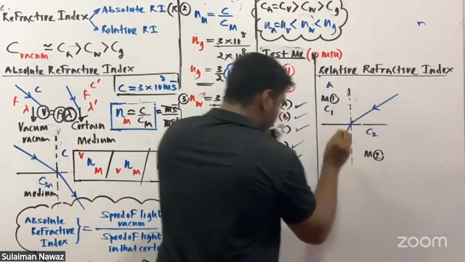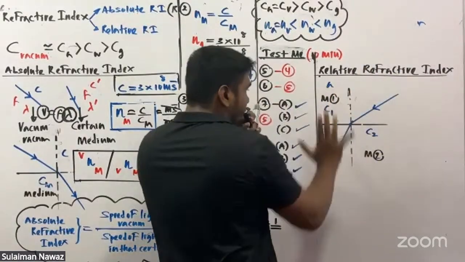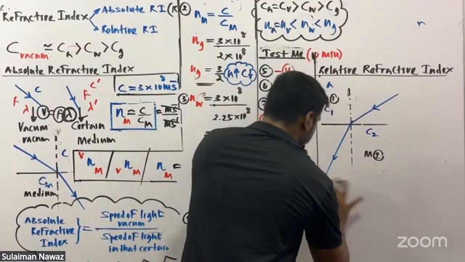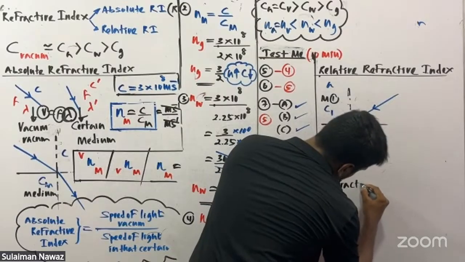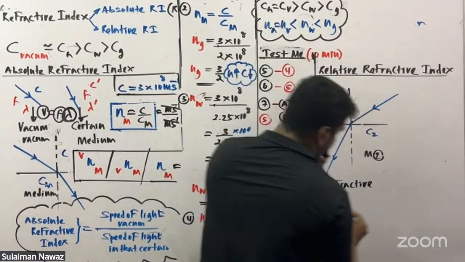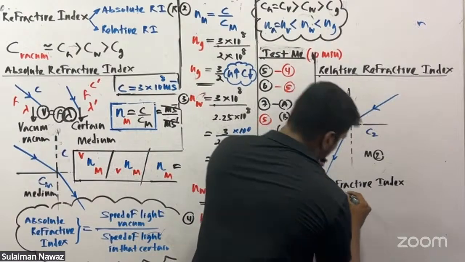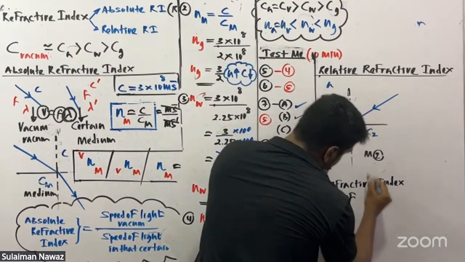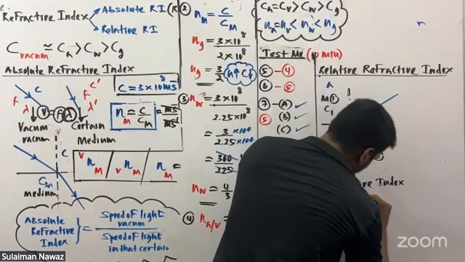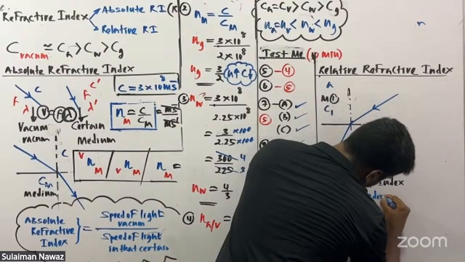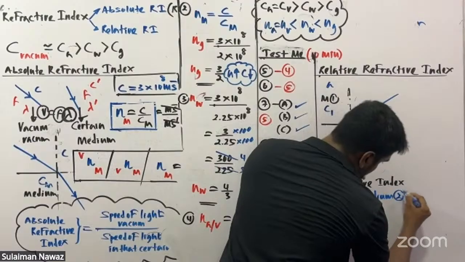Let's say you want to find the relative refractive index of medium 2 relative to medium 1. It is not difficult. Refractive index of medium 2 relative to medium 1.